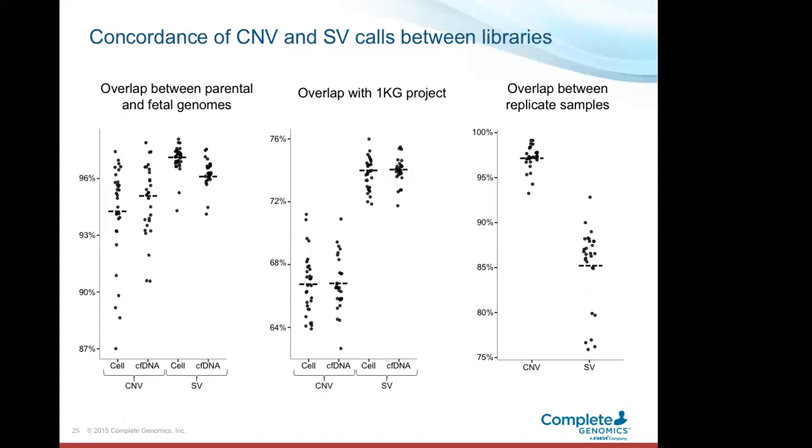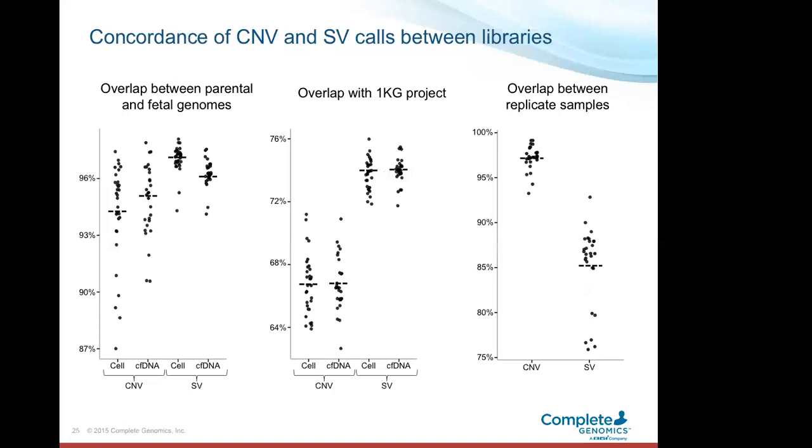Out of the potentially inherited CNVs and SVs, we compared the overlapping rate between the replica samples, and over 95% of the CNVs and over 85% of the SVs were found to be overlapping between replicates. All these data suggest the CNV and SV calls could be potentially accurate, and we can use this information to annotate.